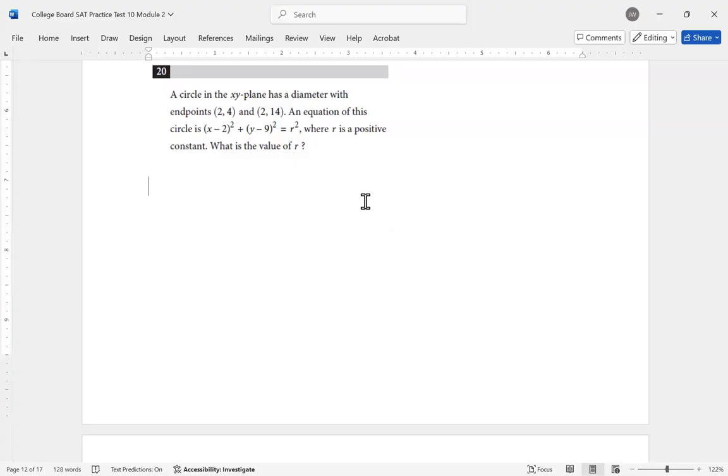If you know anything about circles here, r is actually the radius of the circle. And if you know the standard equation of a circle, the center of that circle is at (2, 9). You can find that in a couple of different ways through the equation, or you could have just found the midpoint between (2, 4) and (2, 14).